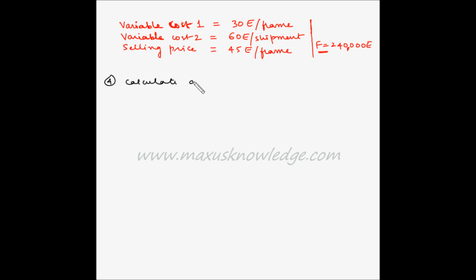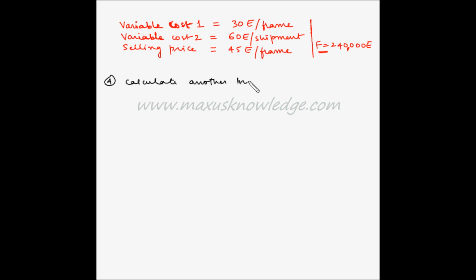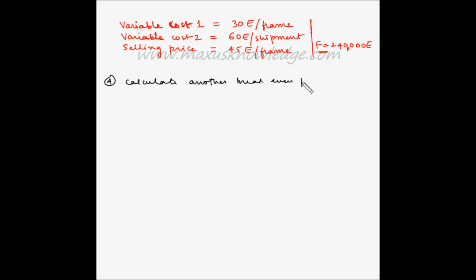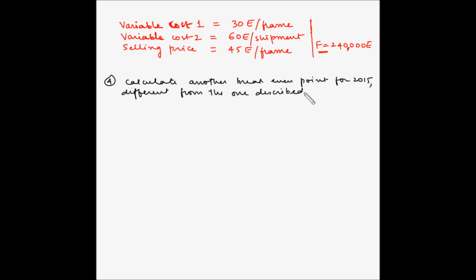So the fourth part is: calculate another break-even point for 2015 different from the one described in requirement 3, and explain why Indu has multiple break-even points.